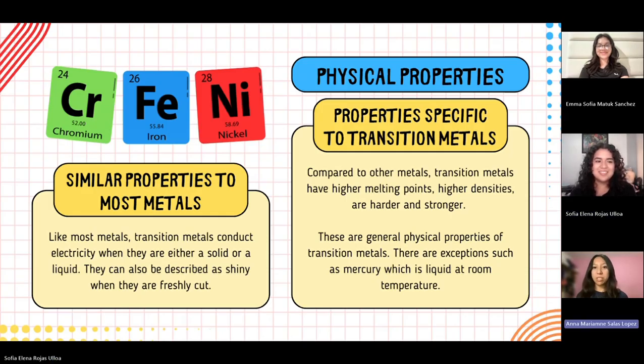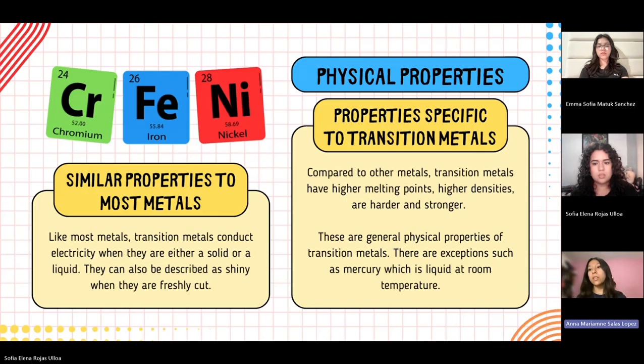The physical properties are also, compared to the other metals, that they have higher melting points, as I told you in the beginning. They also have many similar physical properties since they are usually hard, strong, and shiny, and the shininess is very well seen in various transition metals.